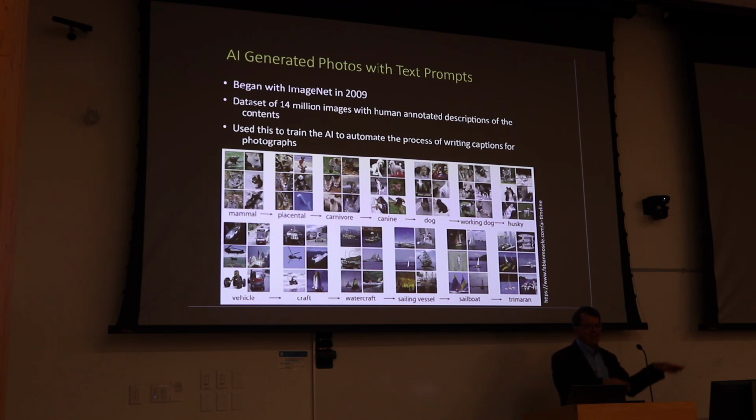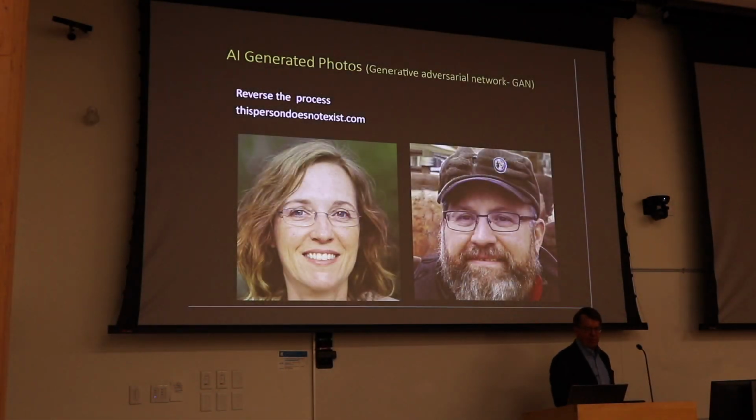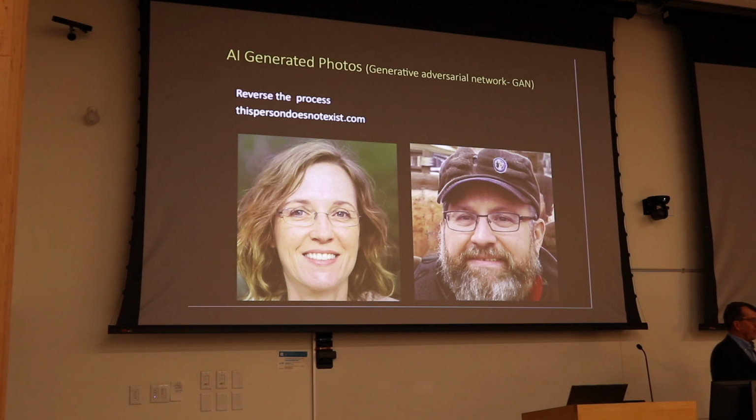So they could just dump photos in and it would automatically generate a caption, thinking about things for the blind, so that it would be able to have that caption for them. Someone then had the brilliant idea that, well, we've taught the computer how to recognize images and give us text. Why can't we give the computer text and let it create images for us?